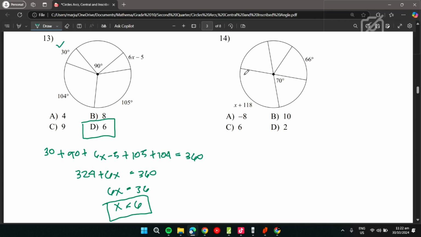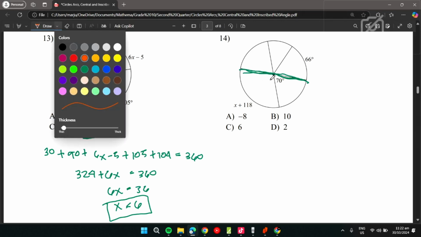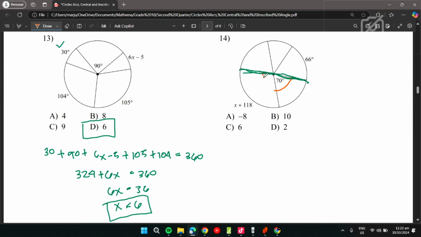At this one, alright? Try to look at the illustration. Ito. Again, meron tayong diameter dyan. Alright? It's a diameter. So, meaning to say, etong dalawa, actually, this angle and this angle, ang tawag dito is linear pair, right?